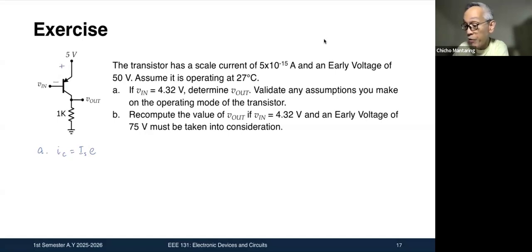It will depend on V EB, so this is V EB over V sub T. Actually, there is a minus 1 here, but we can just neglect this because for sure, with the voltages applied, this will end up being negligible.